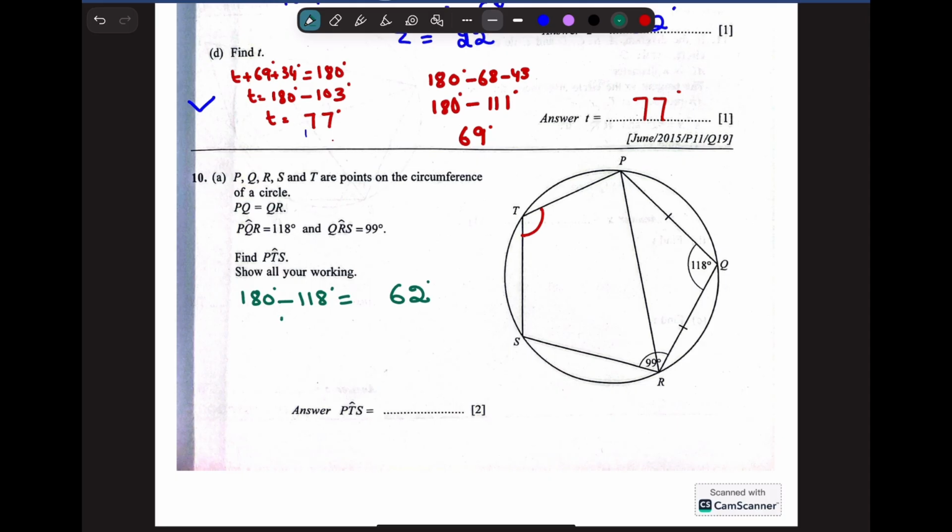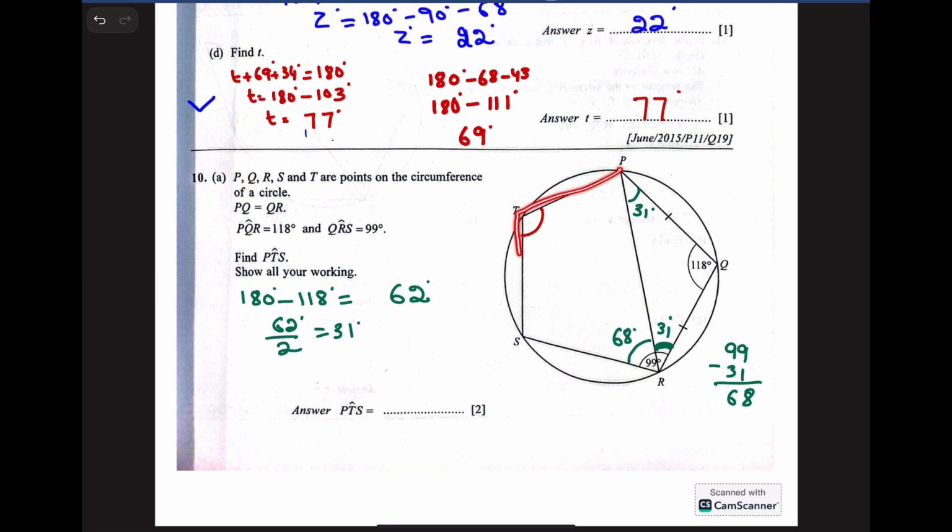And you need to divide 62 by 2, so you get 31. So this is 31 degrees and this is 31. Now, if this is 31, what is this angle going to be? It's going to be 99 minus 31. So this is 68.